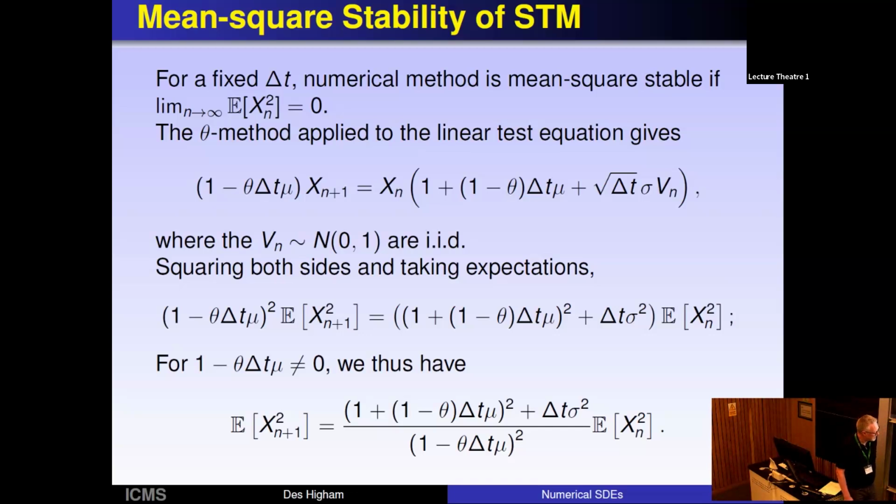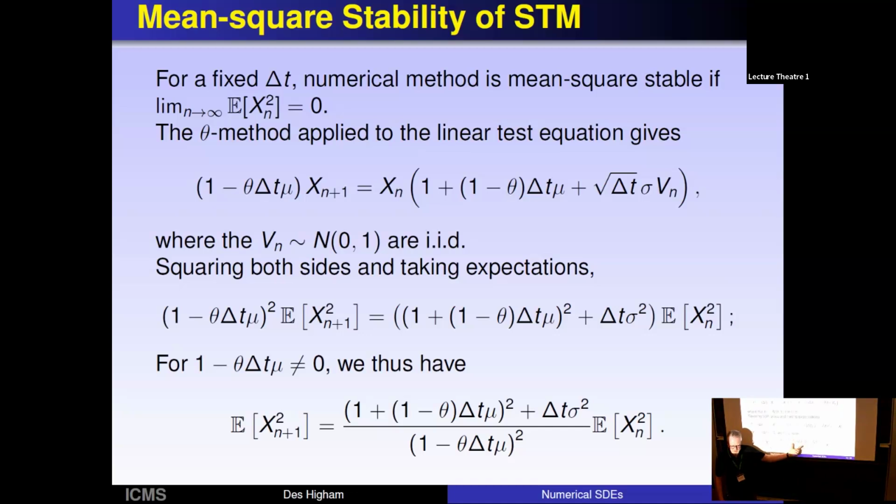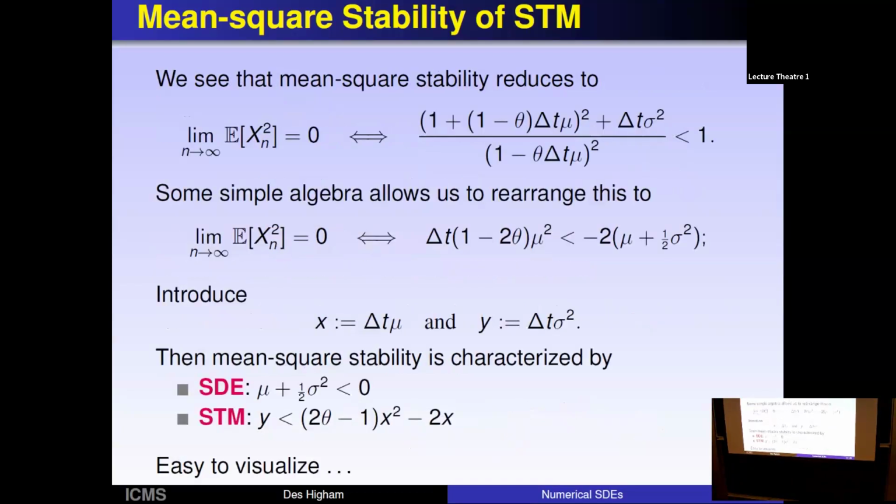So stability simply reduces to this amplification factor being less than 1 in modulus. It's not negative, so stability means this factor less than 1. So it's a nice, simple, easy to understand relation. So mean square stability is this factor less than 1.